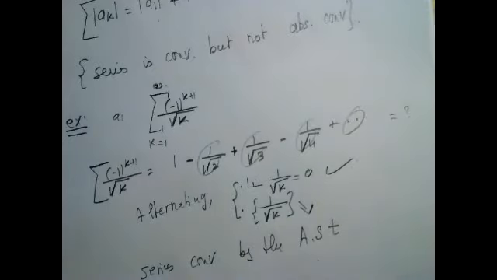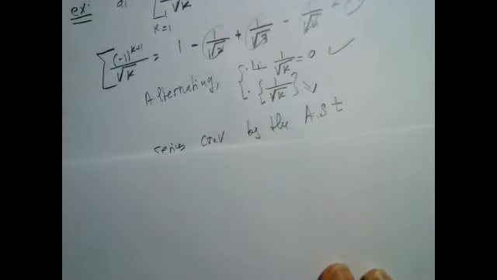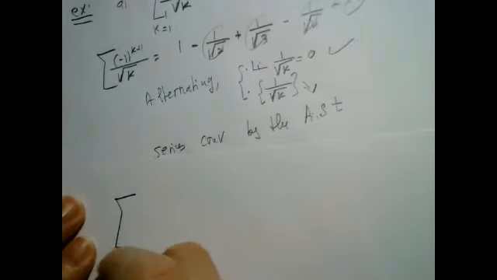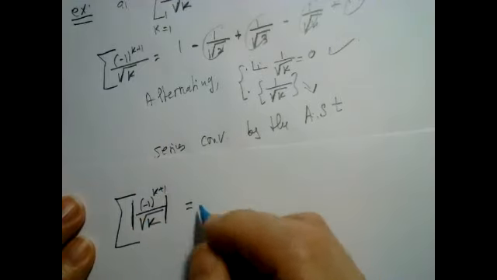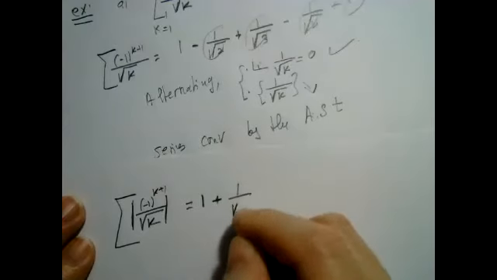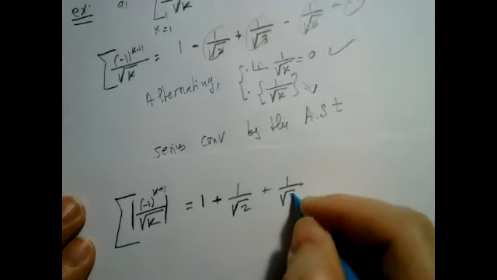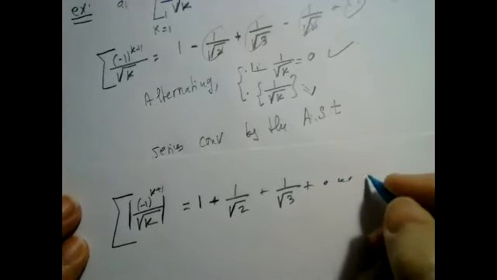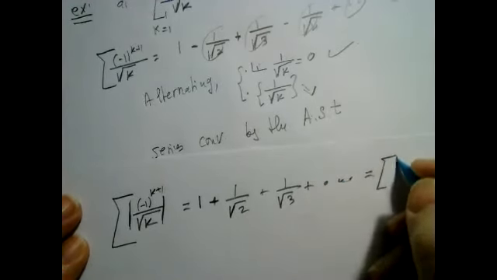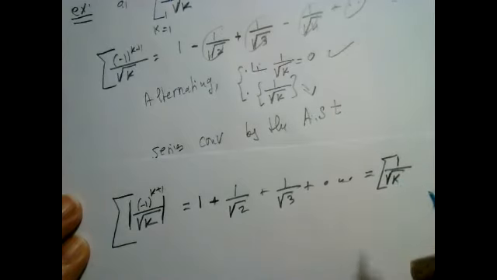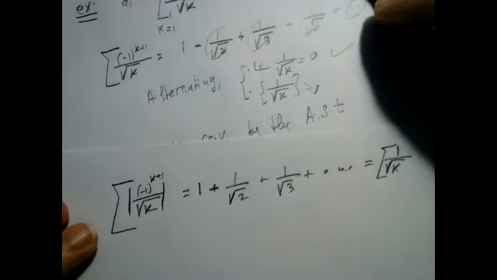Now, what if I plop in the absolute value? The series converges. However, if I take the absolute value, I take away those minuses, so I start adding them: 1 plus that plus this, etc. I get the sum of 1 over the square root of k.